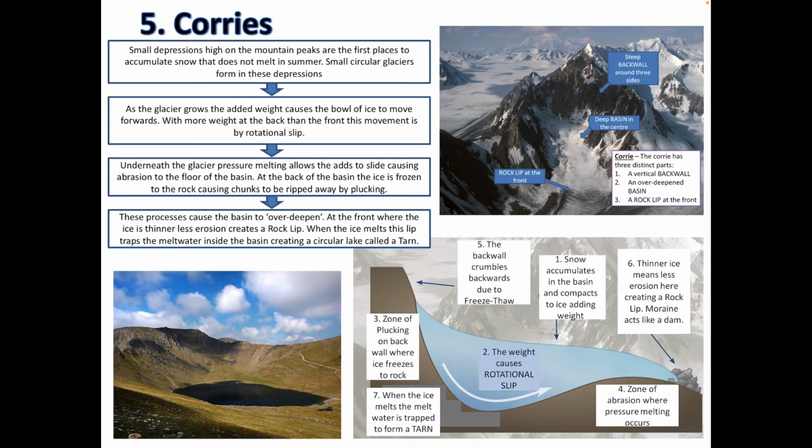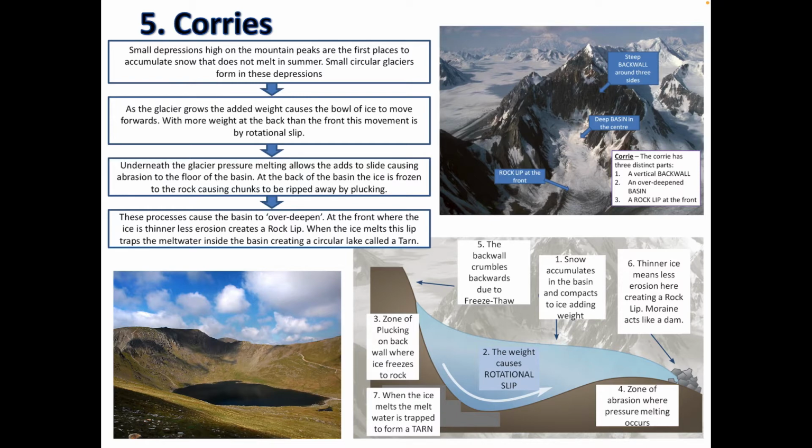And also, where there is some water, that water will refreeze, and there will also be some plucking, which will rip out pieces of that rock, particularly at the back wall. So what's happening is you've got plucking ripping out rock at the back wall, and then that rock is being used to abrade and make this hollow deeper and deeper. And this process has caused what we call an over-deepened hollow, or basin, which is a corrie.